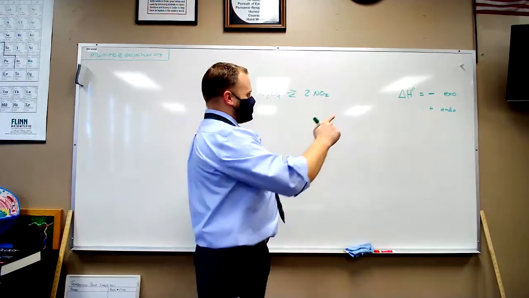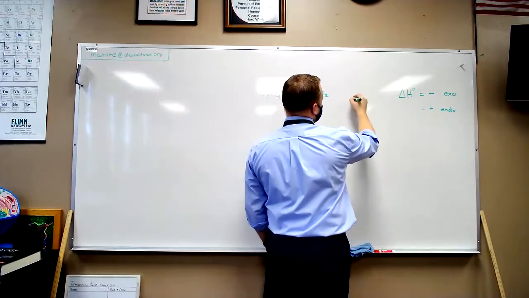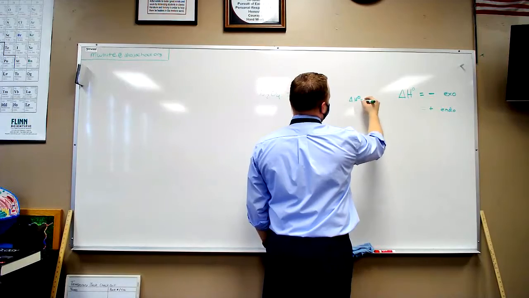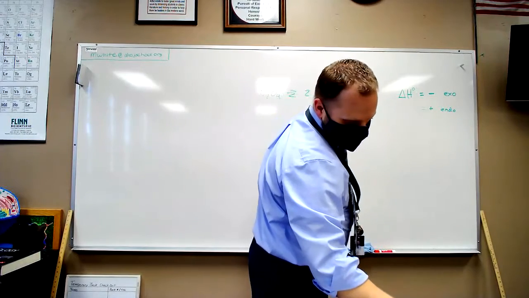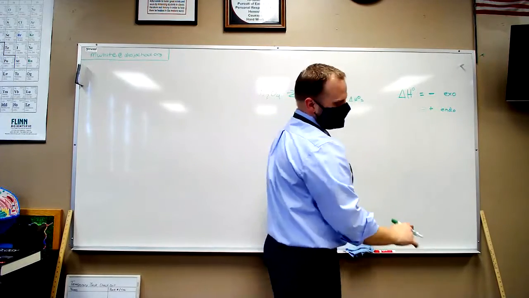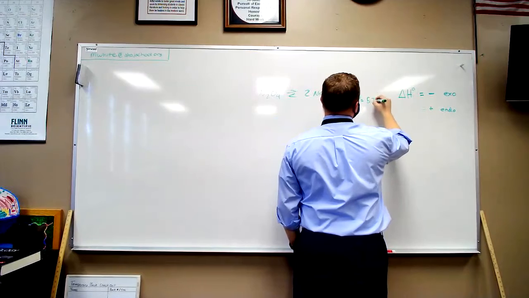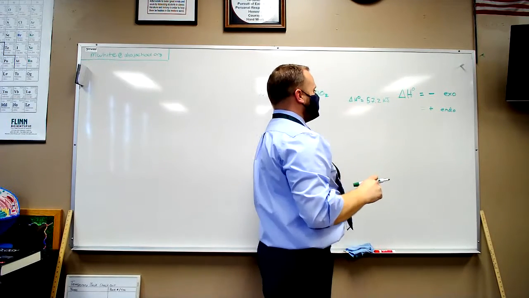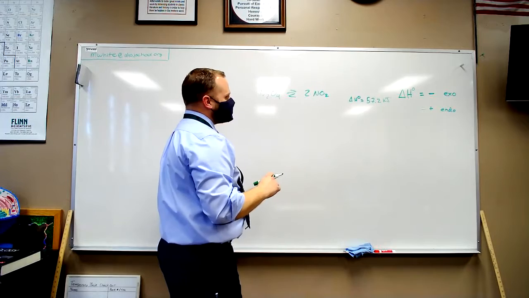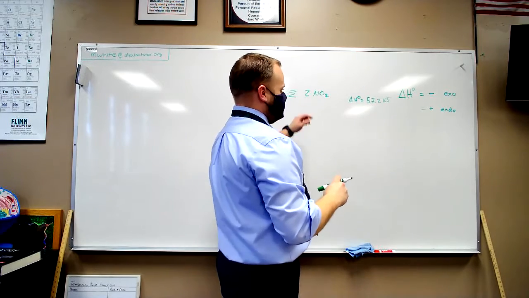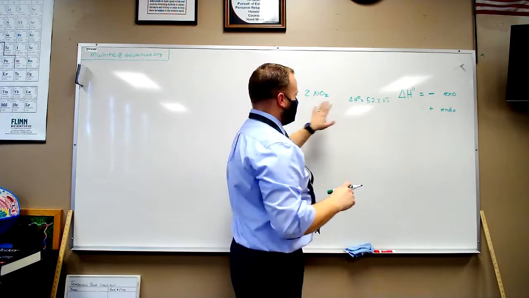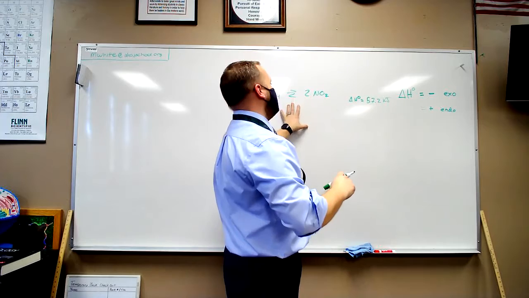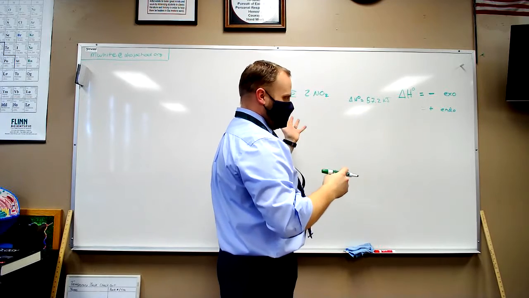Now, the delta H naught for this is 57.2 kilojoules. That's the delta H naught as it's written. Remember, if it's written the other way, things change.